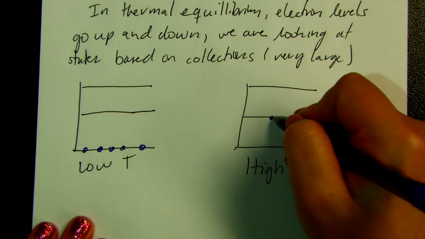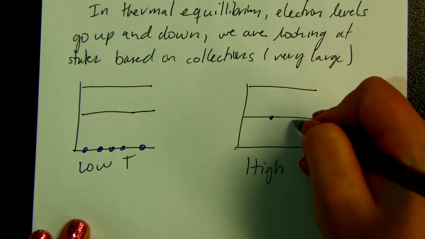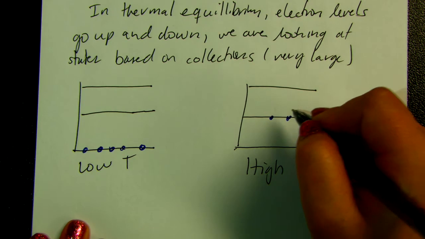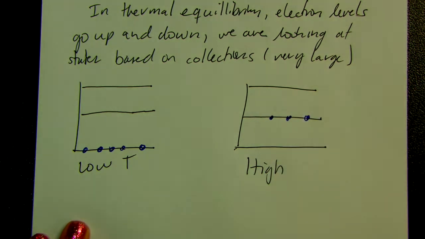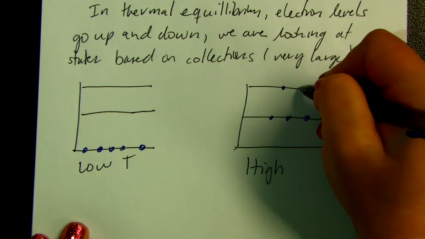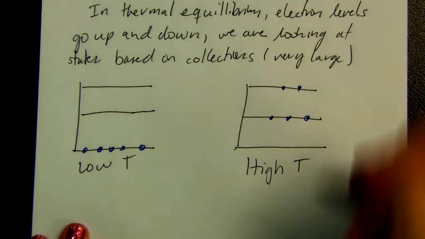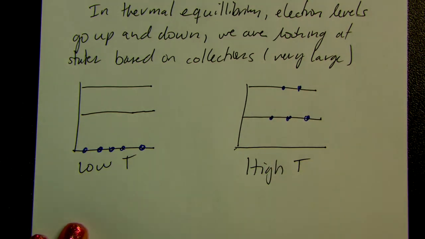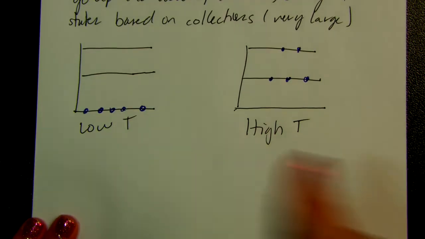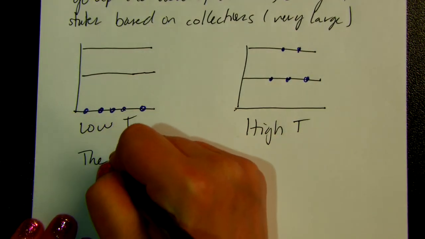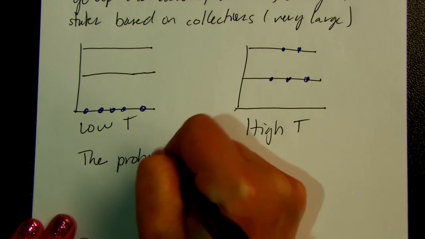Now, if you have a higher temperature, there is the probability that it can absorb the thermal energy and then jump up into higher levels as a result. So you would expect that in the higher temperature object, you would see more electrons in the excited state, more excited atoms.